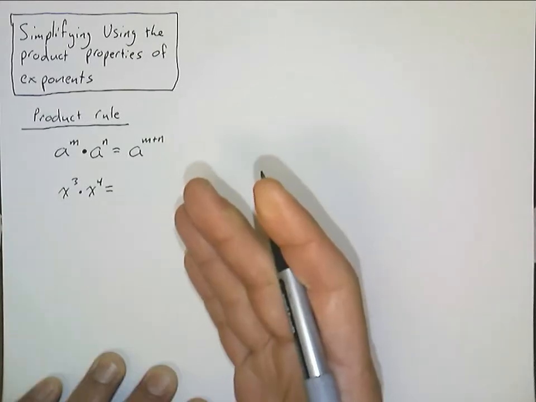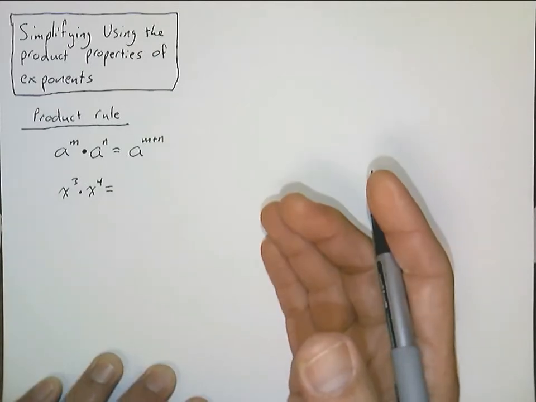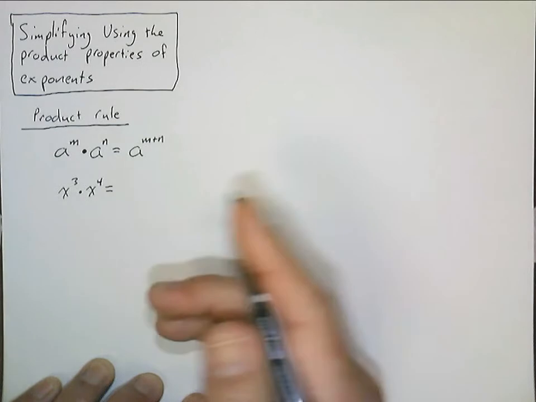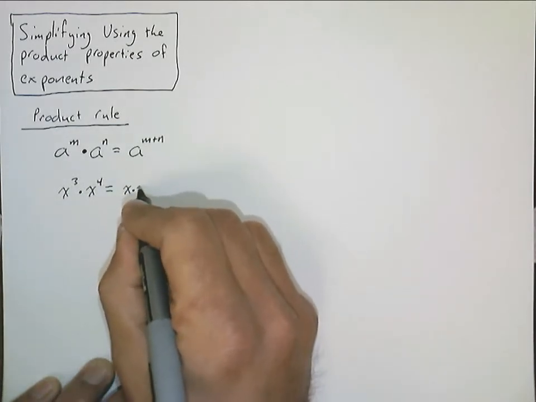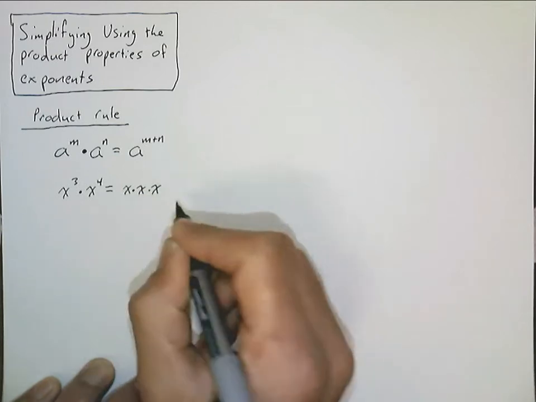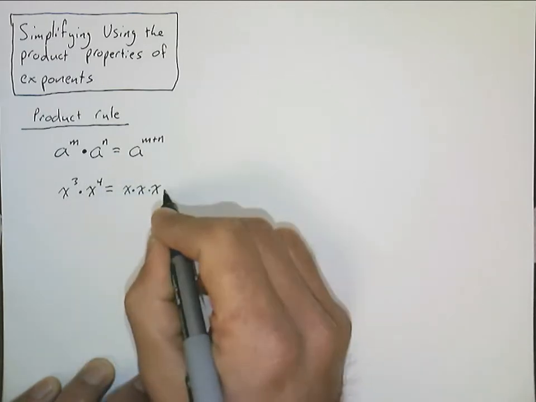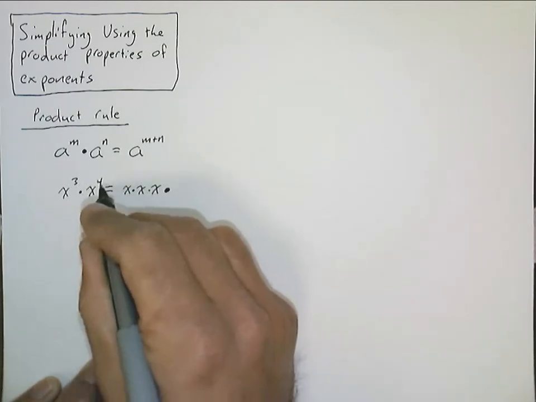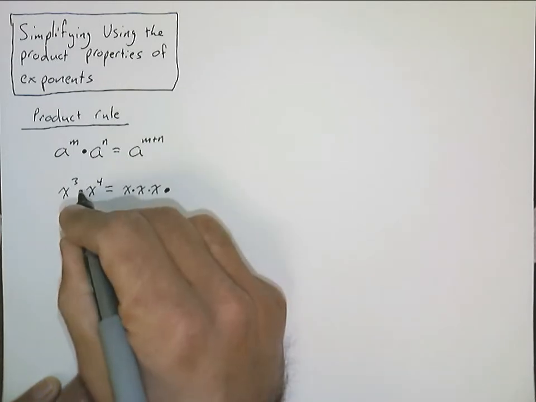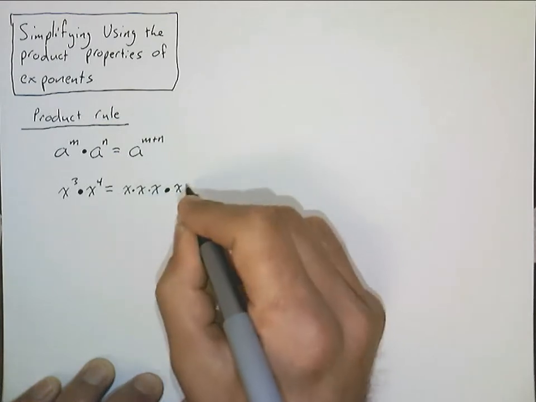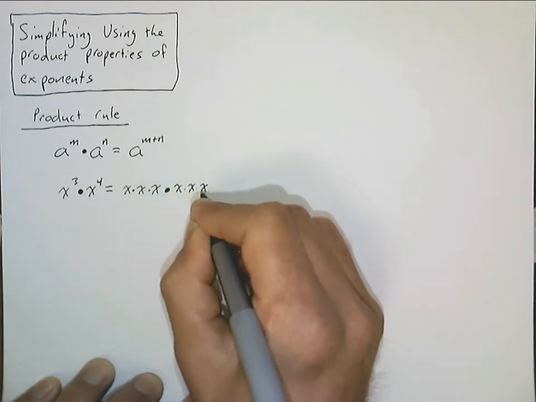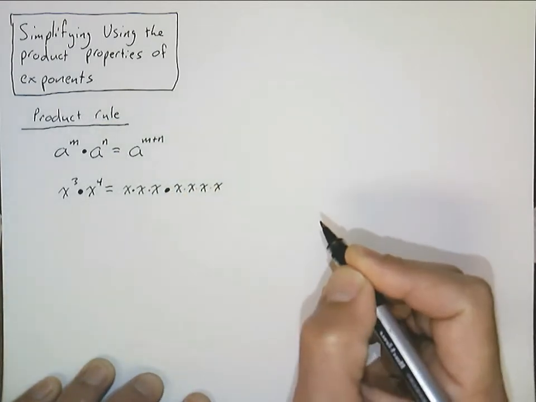The whole rule comes out of the fact that an exponent is just repeated multiplication. So x cubed is x times x times x, 3 x's multiplied together. But then we're multiplying that by x to the fourth, which is x times x times x times x.